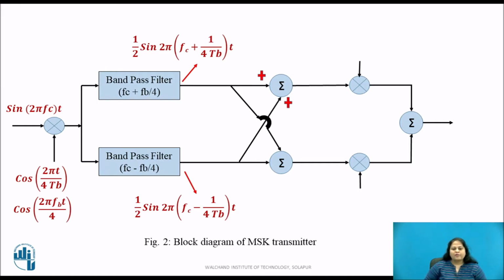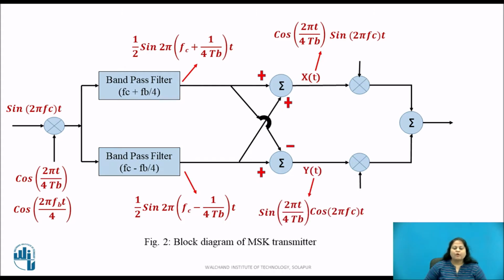These two high and low frequency signals are then added in a summing circuit which gives the output x(t), that is cos(2πt/4Tb) sin(2πFct). Also, the two high and low frequency signals are subtracted in a summing circuit as shown, which gives the output y(t), that is sin(2πt/4Tb) cos(2πFct).